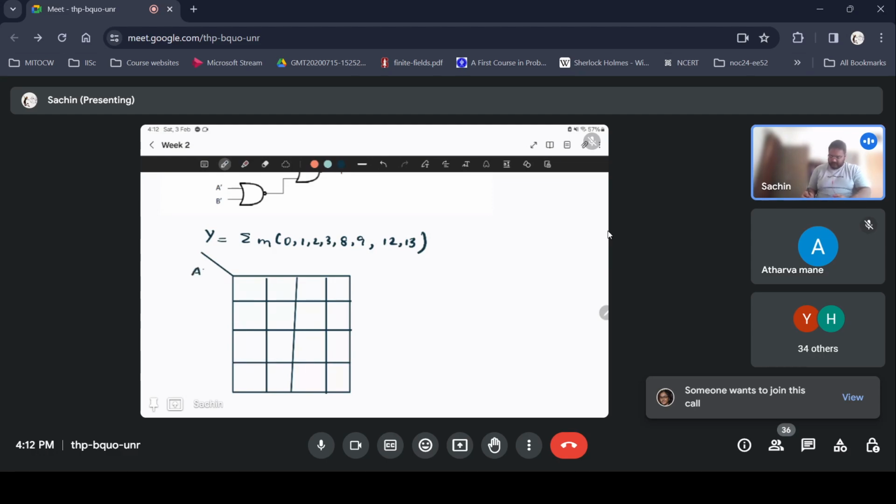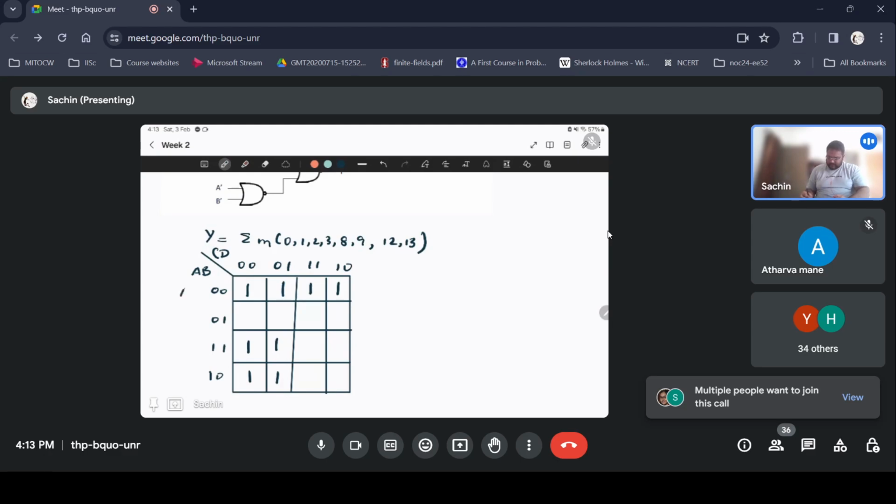So here I will have the variables AB and here I'll have CD. 0, 0. So if we fill the k map, this is m0, m1, m3, and m2, and this is m8, this is m9, this is m12, this is m13.